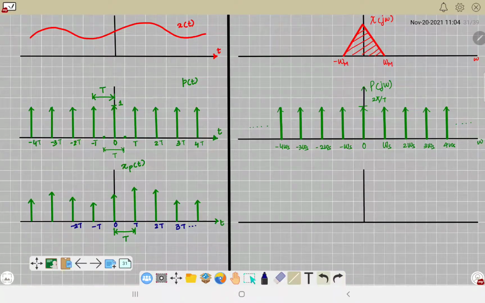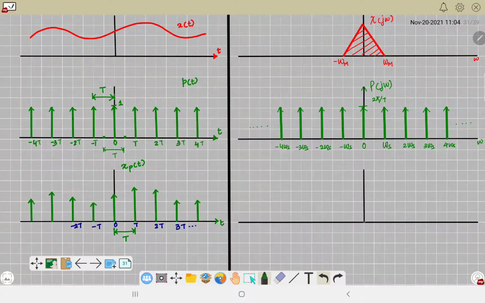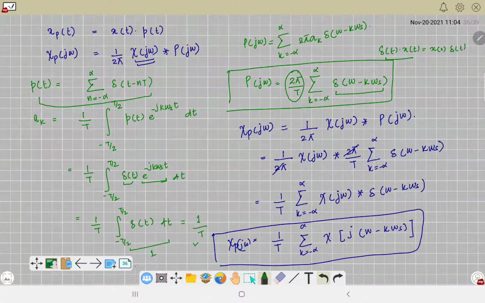Now let me just mark out the points. This is 0. Then I have omega s. Now as per this expression, my X p of j omega is first modulated by 1 by t, that's fine.